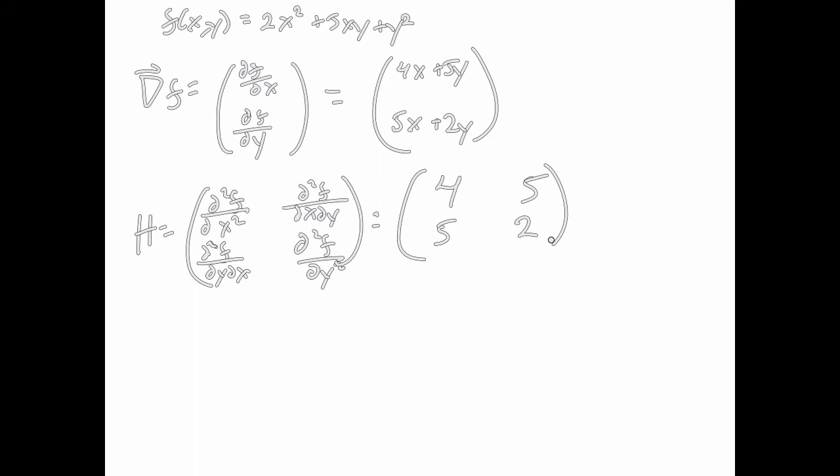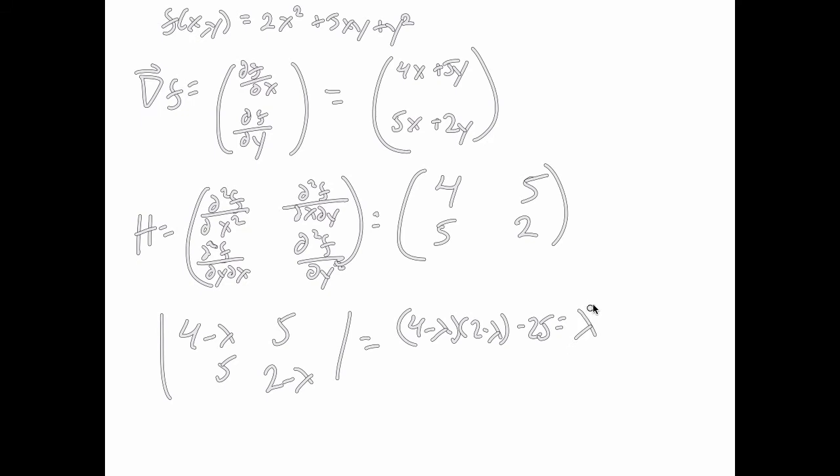So we can compute the eigenvalues for this Hessian. We get 4 minus lambda, 2 minus lambda, 5, 5. This determinant is going to be 4 minus lambda times 2 minus lambda minus 25, which equals lambda squared minus 6 lambda minus 17.